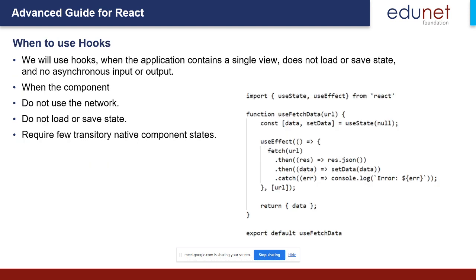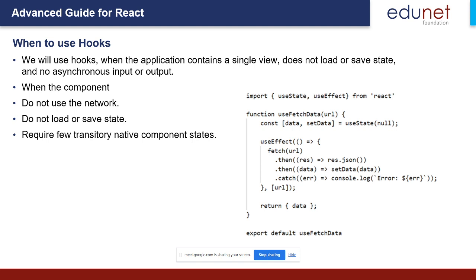So when to use these hooks? So we will use the hooks when the application contains a single view and does not load or save the state, and no asynchronous input or output.